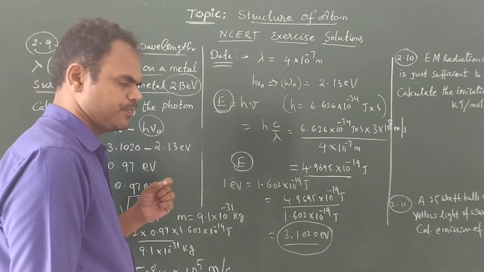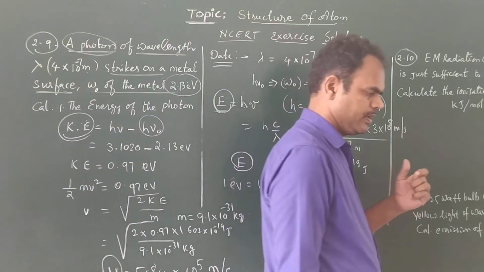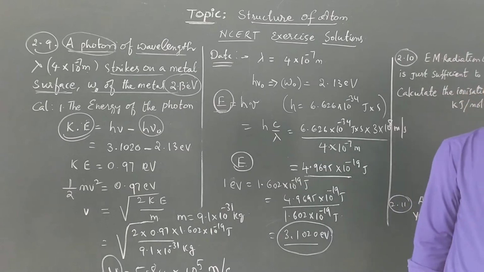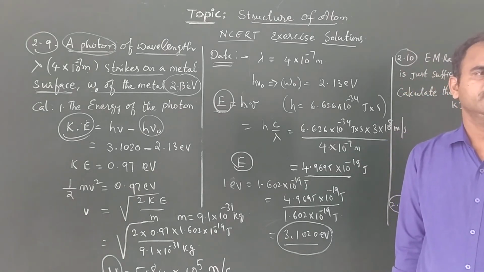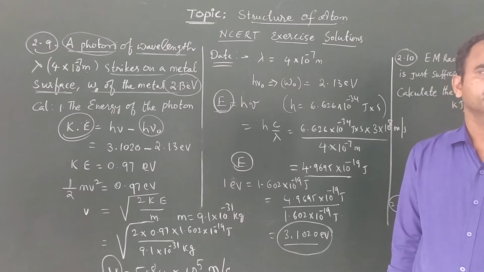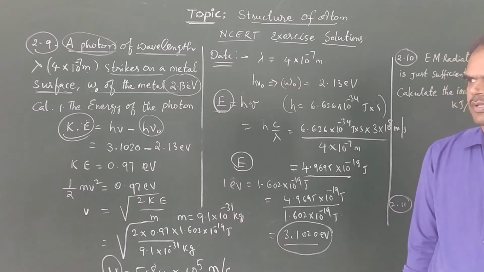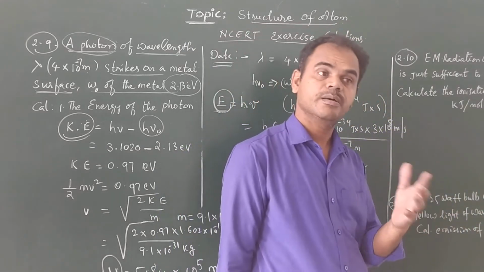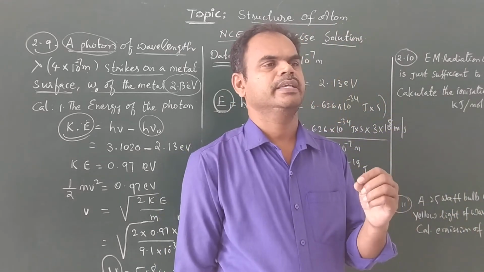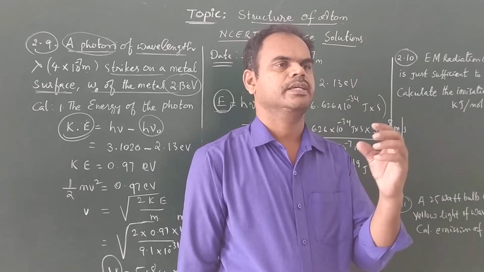The photoelectric effect is the phenomenon. What is the phenomenon? When a photon of suitable frequency strikes the surface of a metal like potassium or sodium, the electrons will be ejected from the surface of the metal. That phenomenon is called the photoelectric effect.